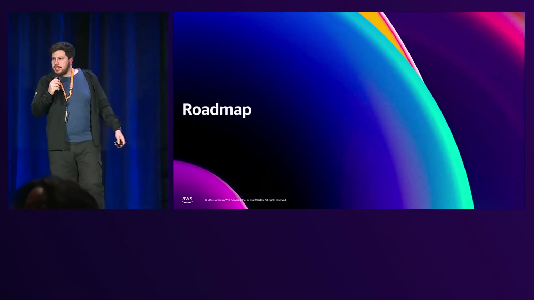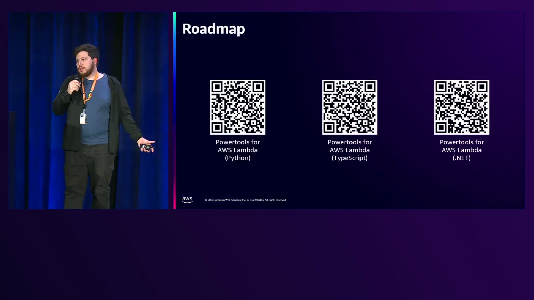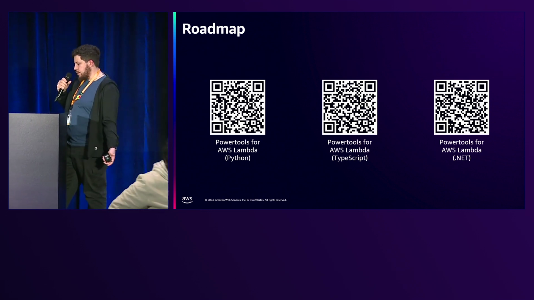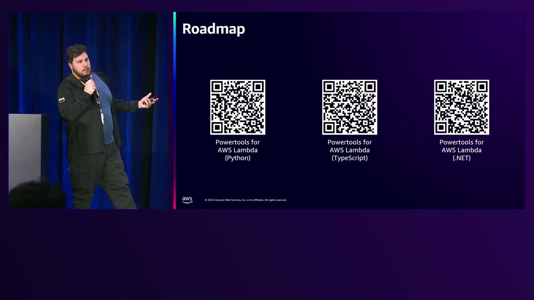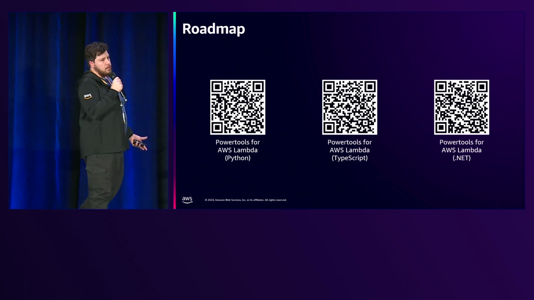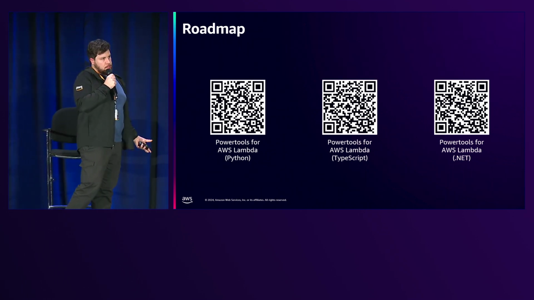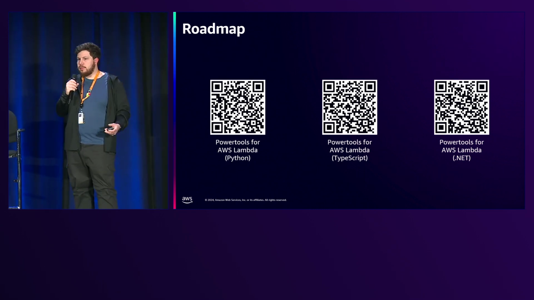Now, to close the session, just a few words on the roadmap. Powertools is being actively maintained, and there is a team. AWS is actively investing in it. At those QR codes, you can find the roadmaps for the main versions. Stay tuned: in the next weeks and the beginning of the year, we'll be updating the roadmap for 2025.